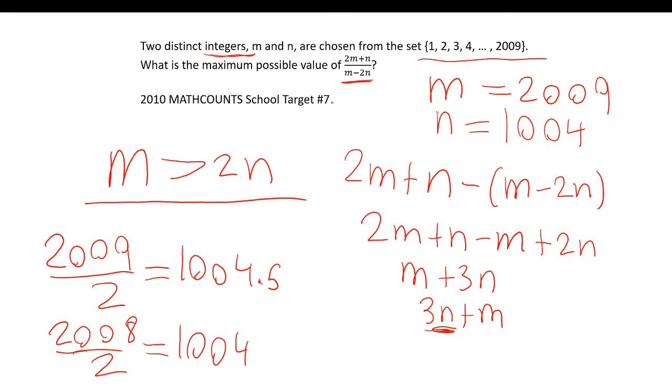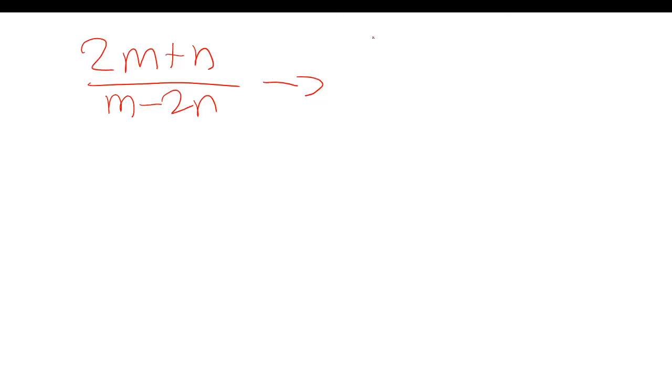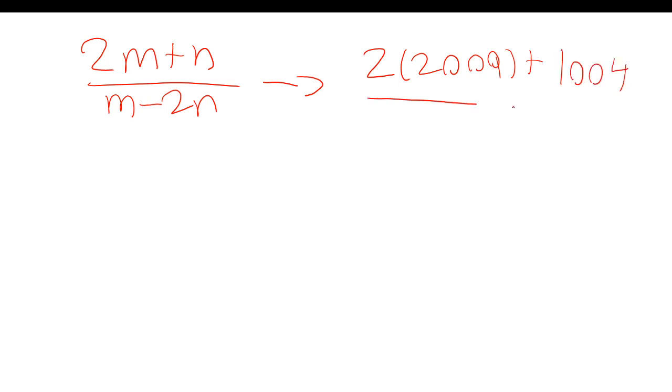We have m equals 2009. We have n equals 1004. We have m minus 2n, so we know m is 2009 minus 2 times, we already know that's 1004.